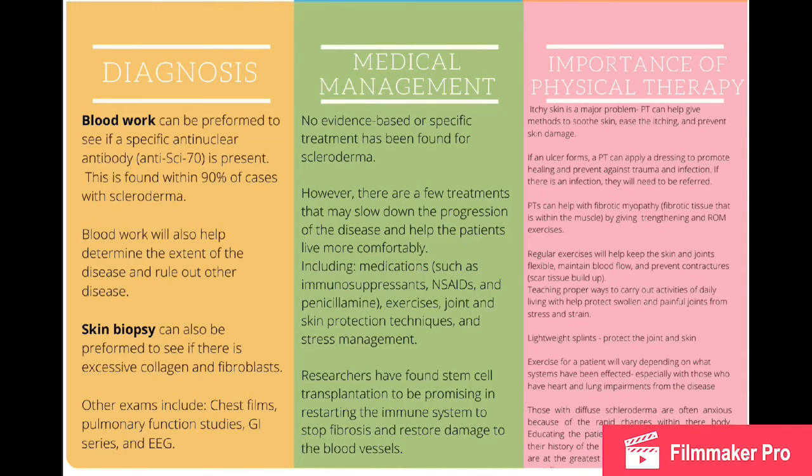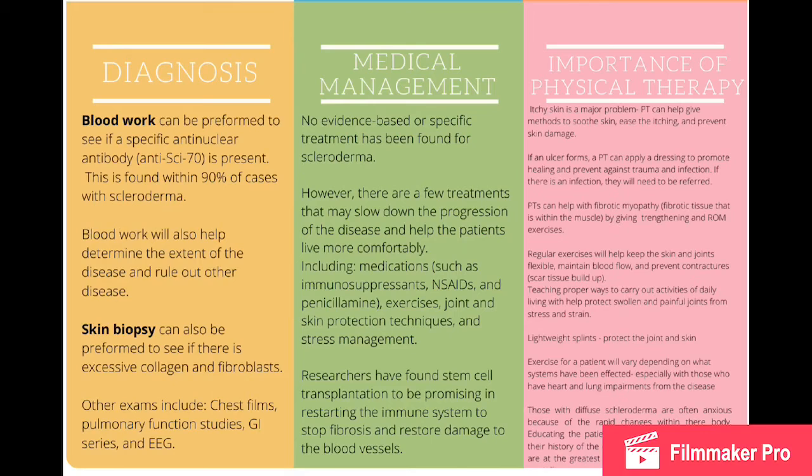Next is medical management, and there has been no evidence-based treatment for scleroderma. However, there have been a few treatments such as medications, exercise, joint and skin protection techniques, and stress management that have helped alleviate the symptoms of scleroderma.